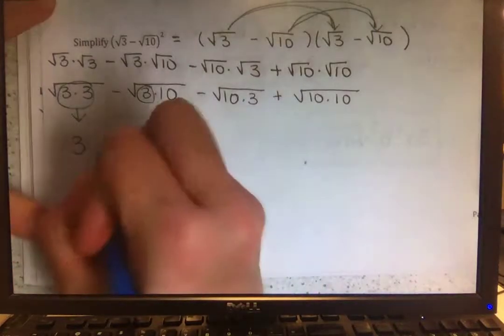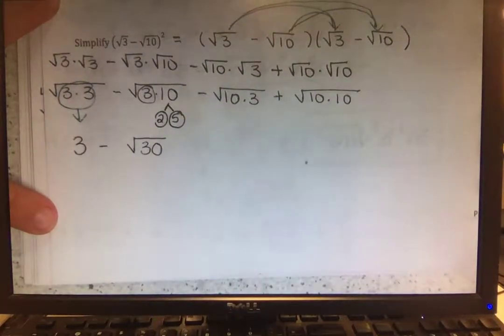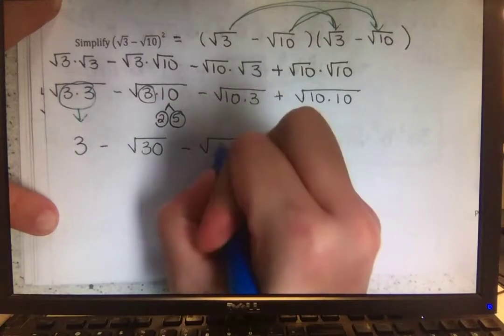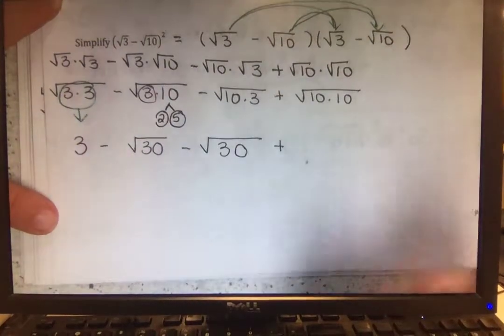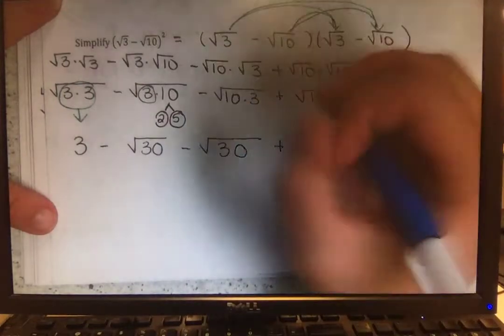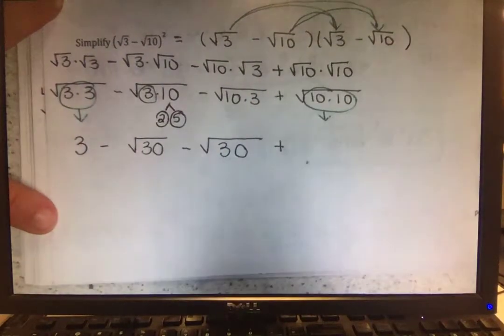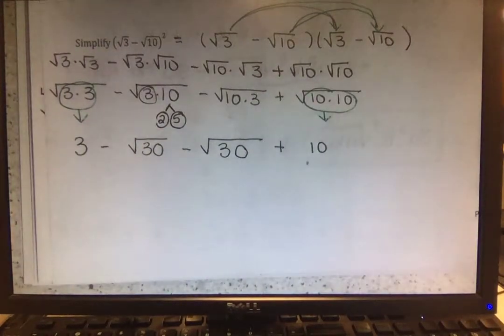So it'll just leave me with negative square root of 3 times 10, which is 30. Minus, same thing here, no 2 of a kind, so it'll be minus the square root of 30. Plus, I have 2 10s underneath the radical. It is the square root, so we're going to take out those 2 of a kind, and we are left with 10. There's nothing left underneath that radical, so that radical will go away.